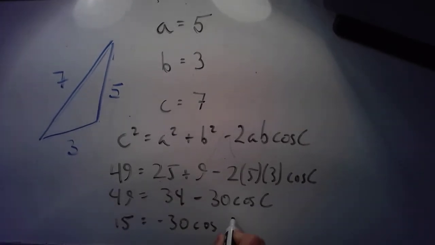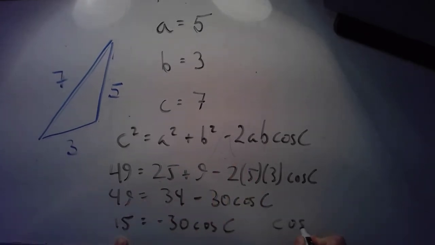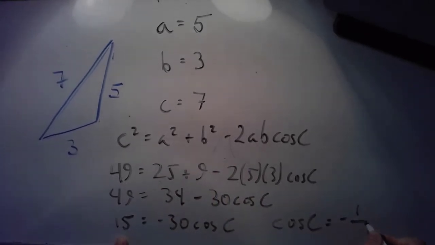Oh, would you look at that? That's going to be a rational number. 15 divided by negative 30 is negative 1/2. And so that means that all of this works out to the cosine of C equals negative 1/2.